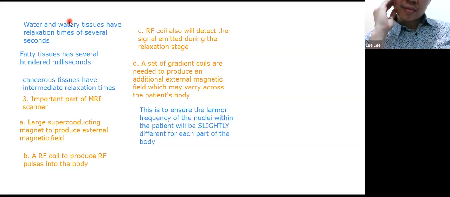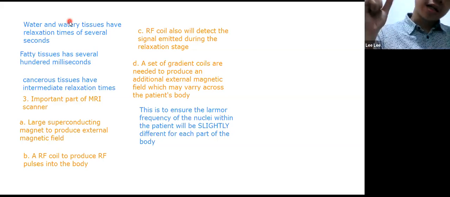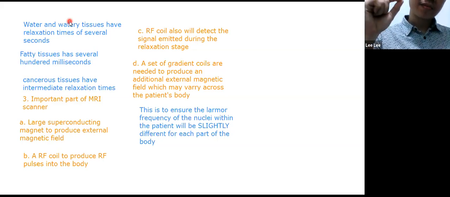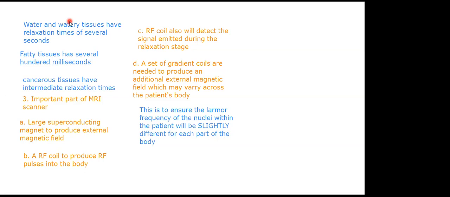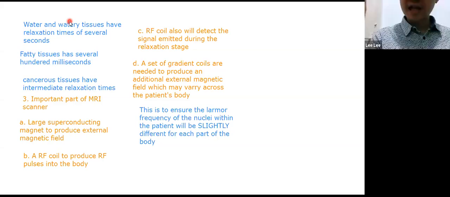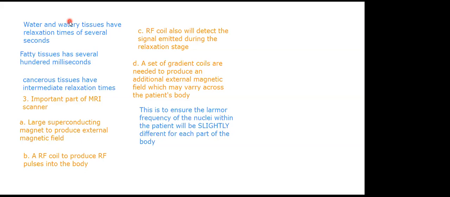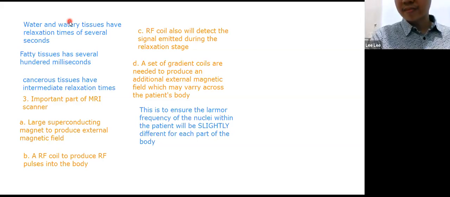So the idea that they suggest is, the radio wave always has a frequency from this value to this value. We know the radio wave frequency has to be around, like just now, 64 megahertz. Maybe we can adjust the decimal. Use a wave in that frequency, but along the body don't make all of the frequency the same.